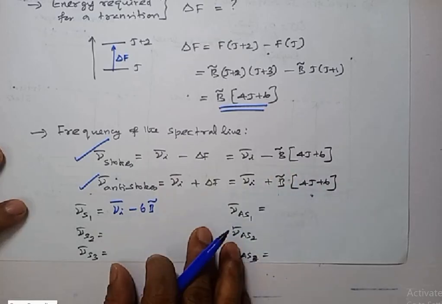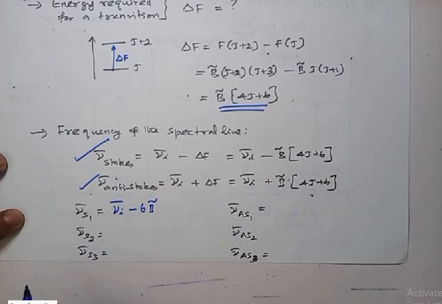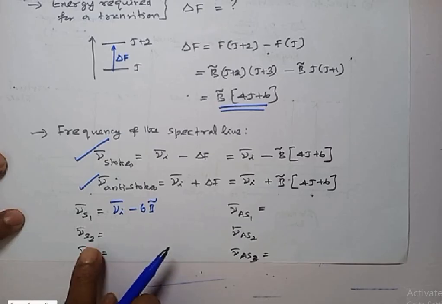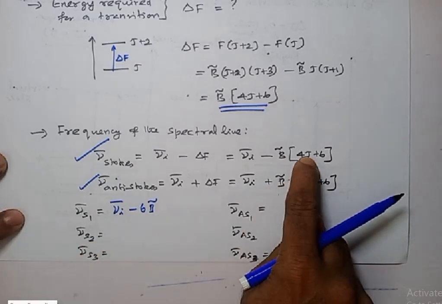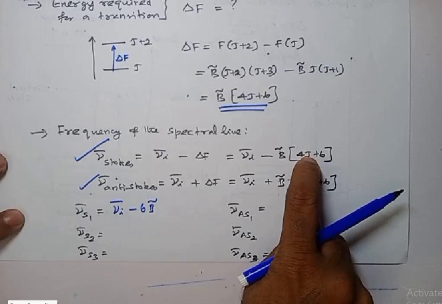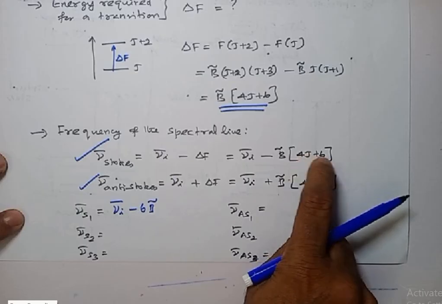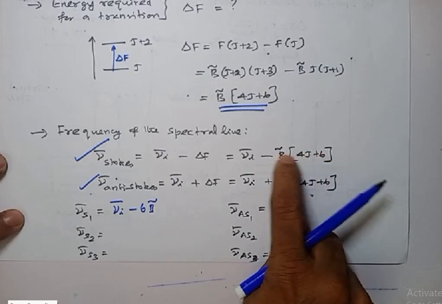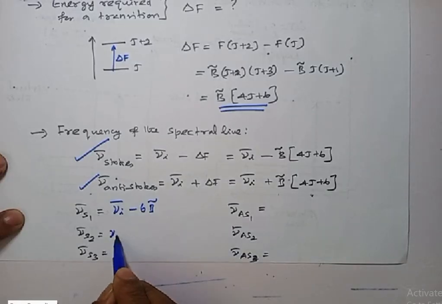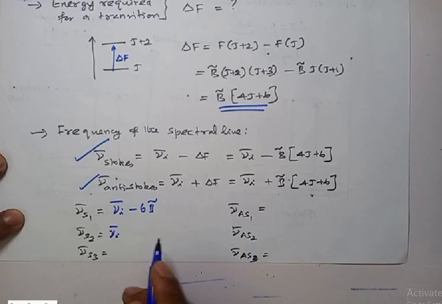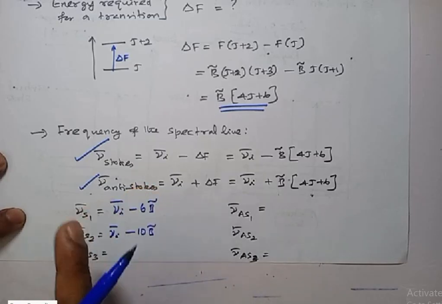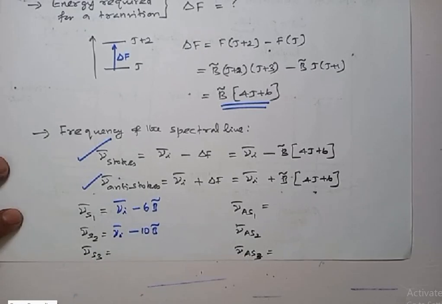I'll show you in the spectrum. What about the second Stokes line? For the second Stokes line, put J equal to 1. 4 into 1 is 4, 4 plus 6 is 10, so you get minus 10B. So from the Rayleigh line, nu I bar, you subtract 10B, and at that frequency the second Stokes line will appear.